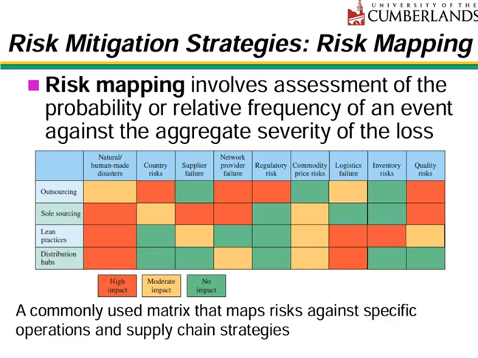This kind of mapping helps organizations make informed strategic choices. If you choose lean practices, you need to invest heavily in supply chain visibility and supplier relationship management to compensate for the inherent vulnerability.